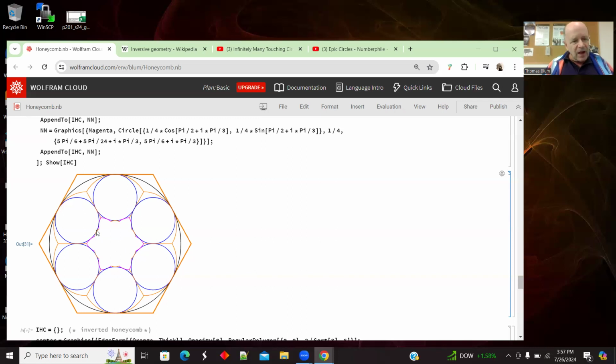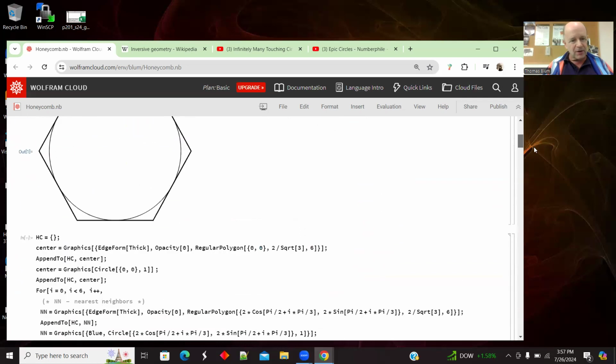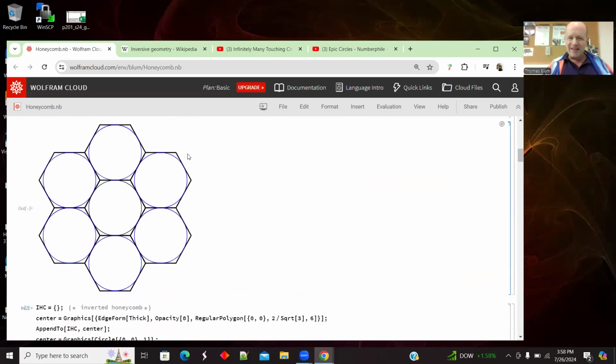And then finally, I switched colors, these magenta ones, and they were these lines. I don't know how to quite describe it, but they were the hard ones. Now you can see that this line is a continuation of this line, so they're different arcs of the same circle.